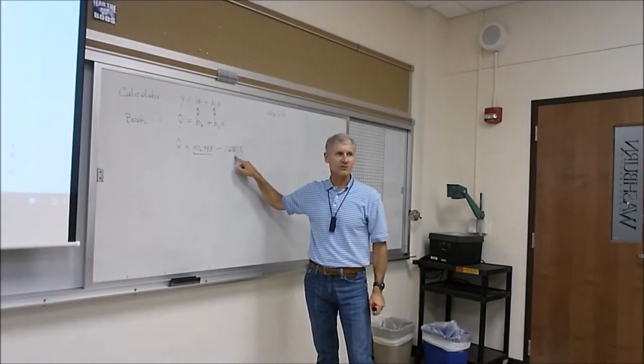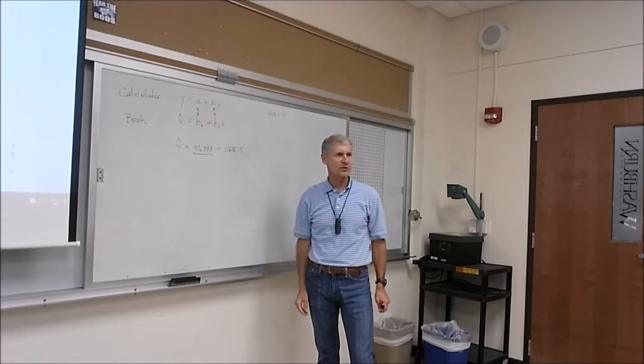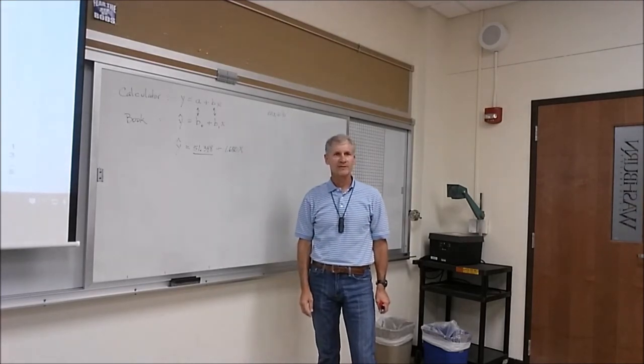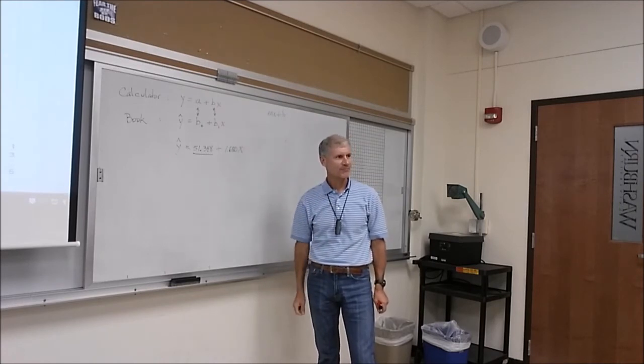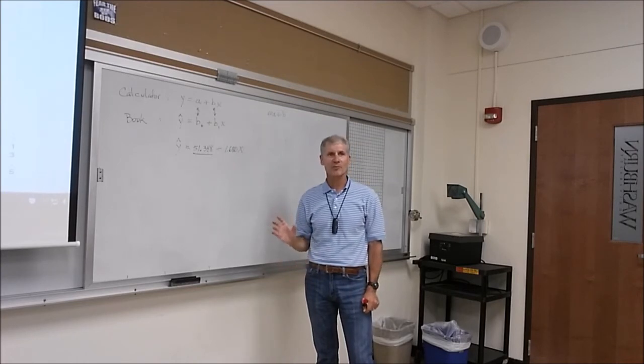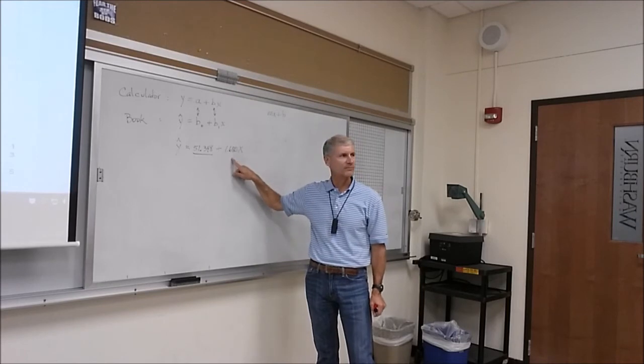By the way, on the test, when I say, give the interpretation of the 1.68, and you say, it's the slope, I'll say, that is correct, minus 3. I want you to interpret in the context of the problem. Talk about shoe sizes and height. What does that mean?